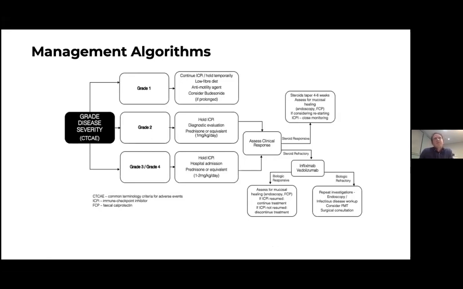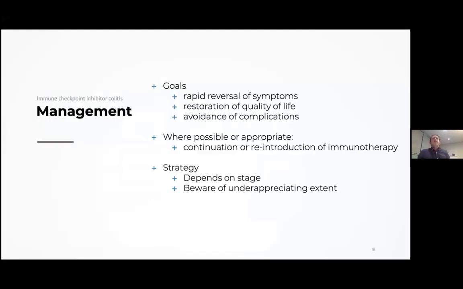So it may be, again, a lower index of suspicion for early endoscopy. But just the principles, and I know I'm jumping back and forth here, so I apologize for that. The goal is obviously to sort out the symptoms, return a patient to a functional baseline, avoid complications, and as far as possible to get the patient back onto their baseline therapy, which was indicated for the treatment of cancer.